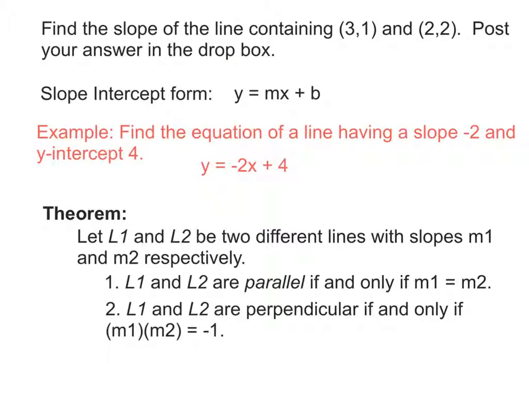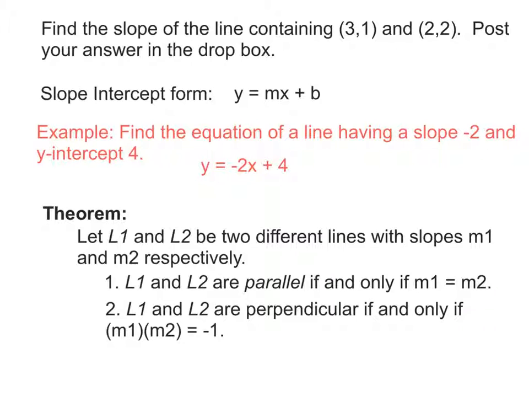Now, this leads us to a theorem relating to parallel and perpendicular lines. Let L1 and L2 be two different lines with slopes m1 and m2 respectively. First, L1 and L2 are parallel if and only if m1 is equal to m2. Second, L1 and L2 are perpendicular if and only if m1 times m2 is equal to minus 1.